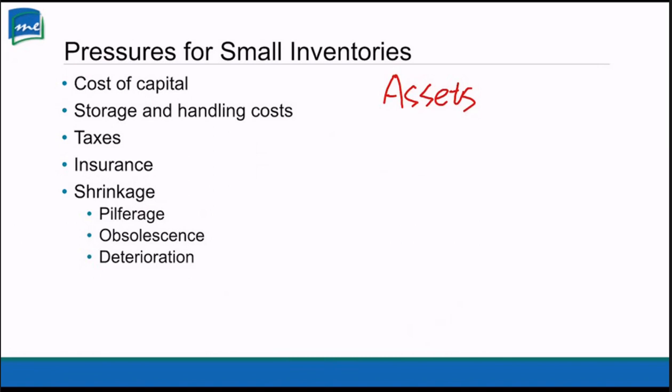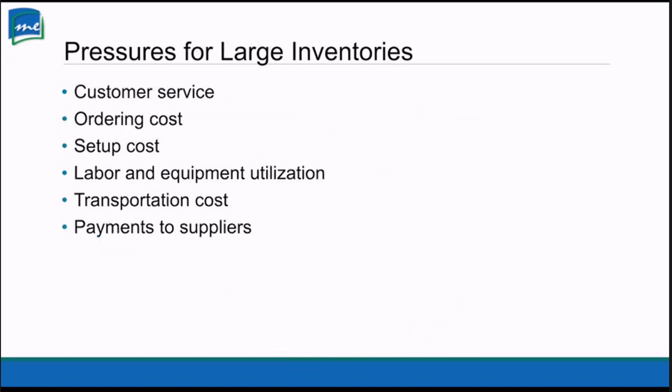small inventories. Then why do companies want to keep large inventories? Because of the following reasons. The first, customer service. High inventory levels reduce the potential for stock outs and back orders.